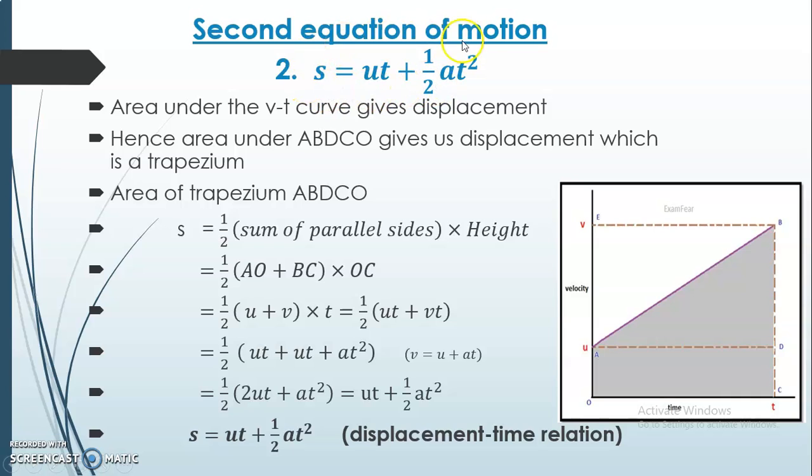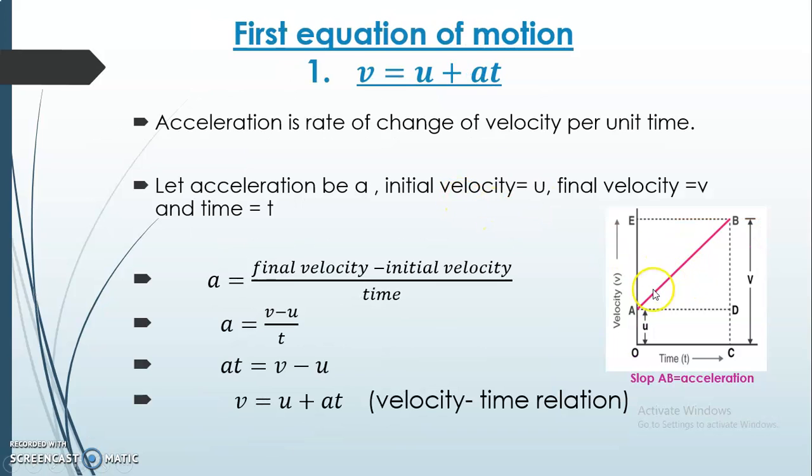So you have to remember all the three equations. These are very important equations. So in the last slide, we have seen that this line gives us acceleration. So when we concentrate only on this line, it will give us what? Acceleration.